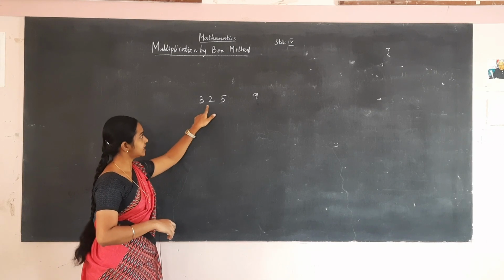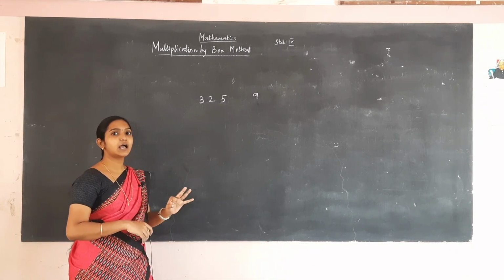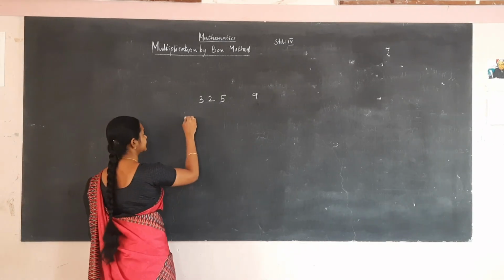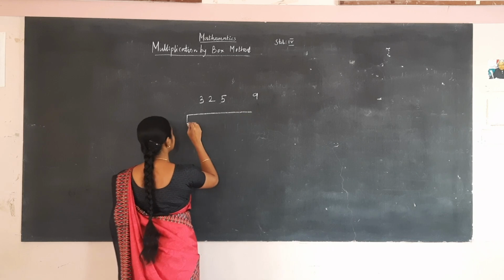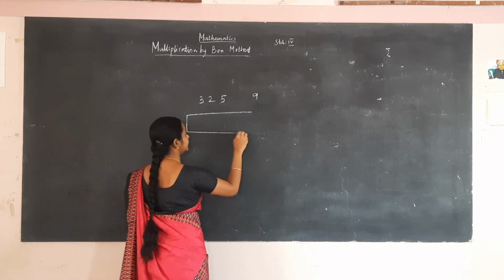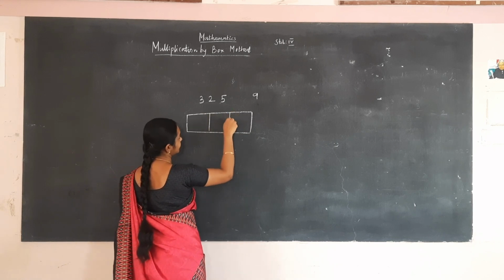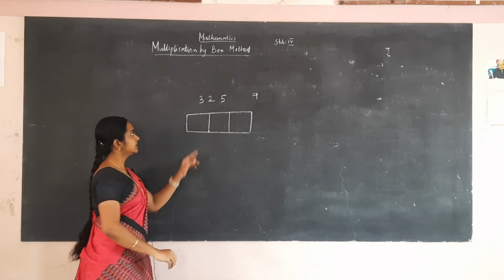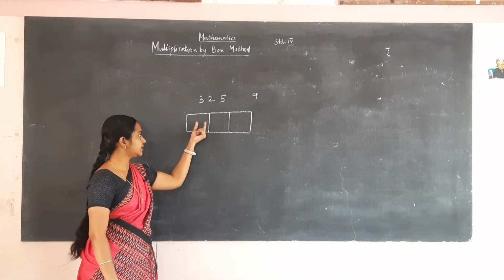In the number 325, we have 3 numbers. So, we have to put 3 boxes, that is 3 columns.